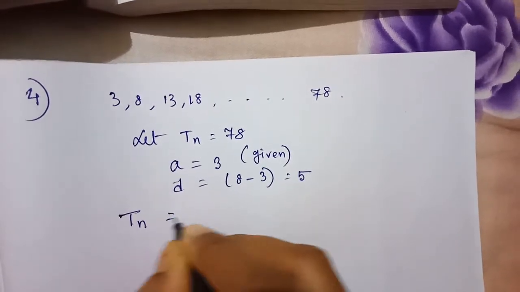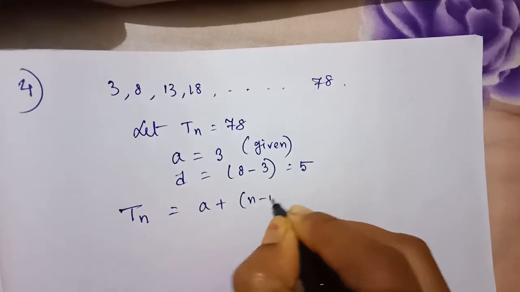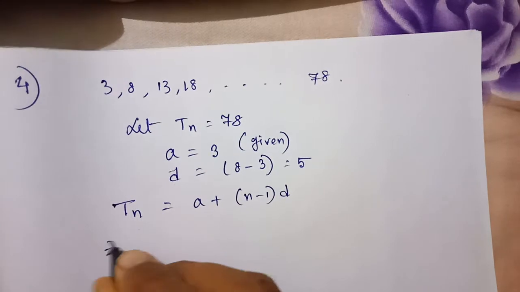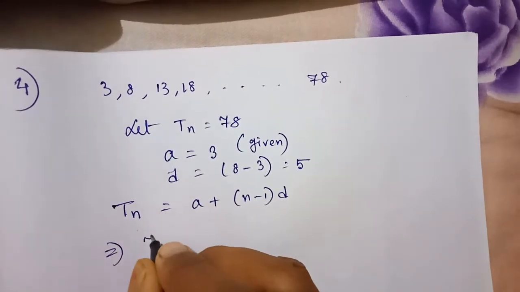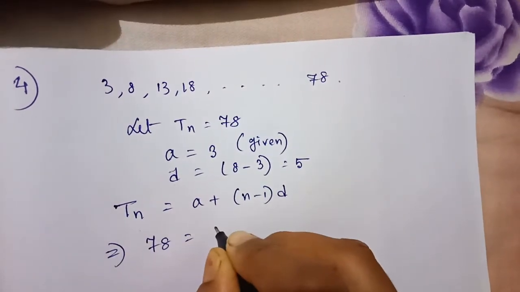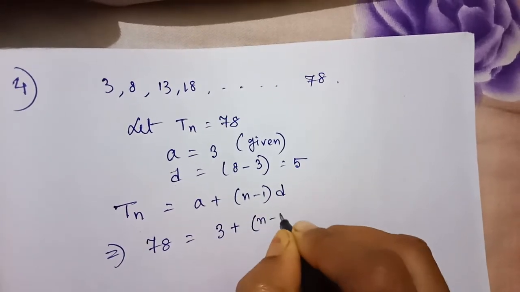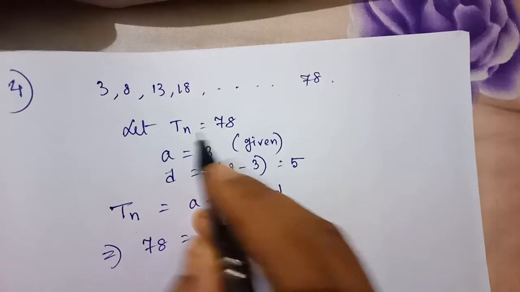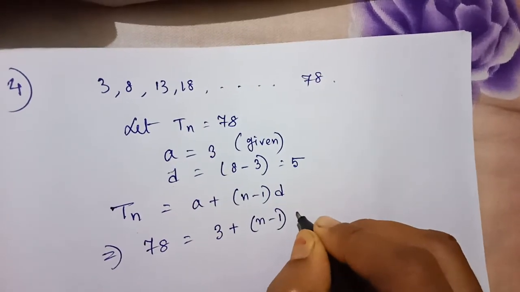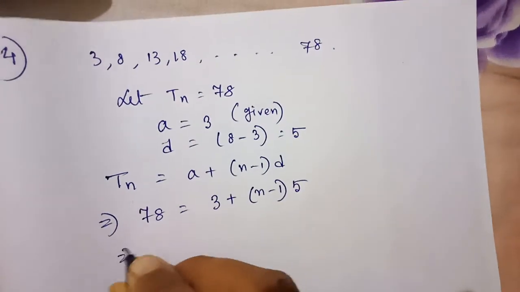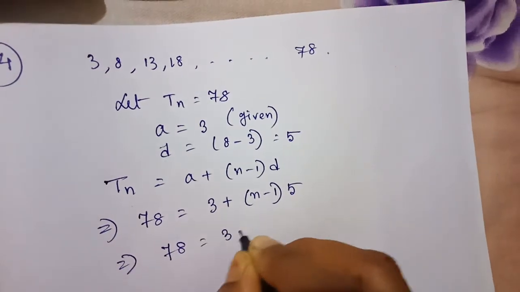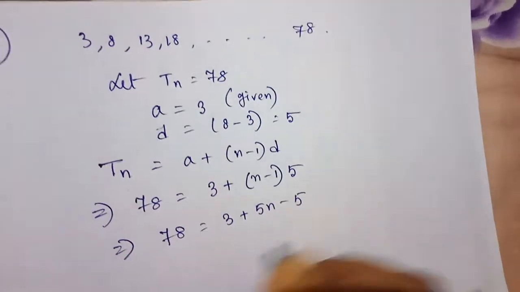Now we know Tn is equals to A plus n minus 1 into D. This is the formula of nth term or general term. Tn's value 78, A 3, n minus 1 we will put as n minus 1 because we don't know the value of n, and D 5. So 78 is equals to 3 plus 5n minus 5.